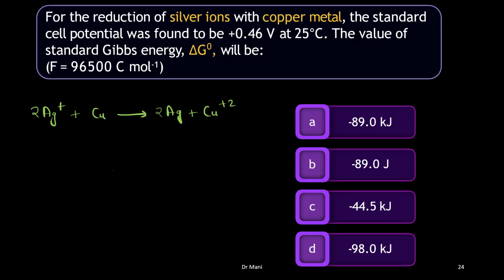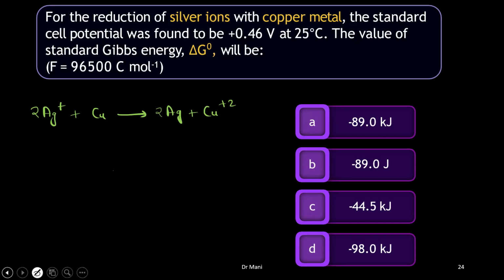So just a second. Will it be in kilojoules or joules? I don't know, sir. Sir, something in A or B, sir. I got 89. Okay, so we are all saying option A. It's A, sir. Okay, so let's see.